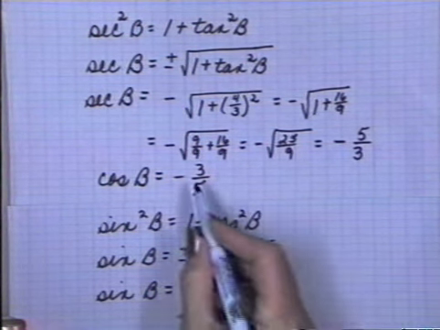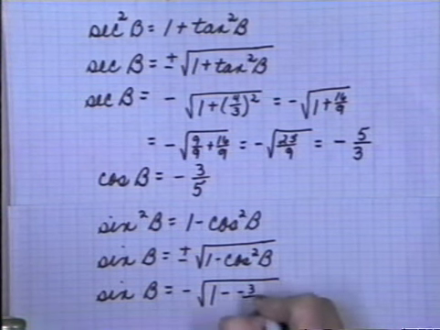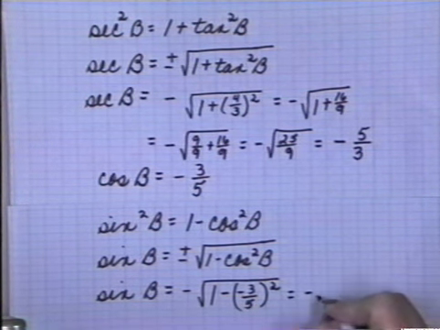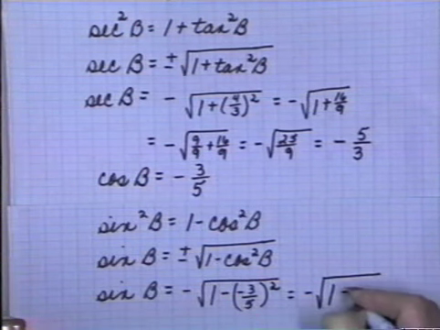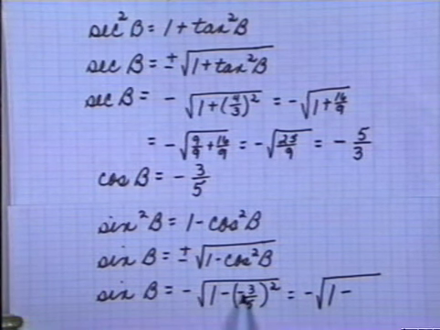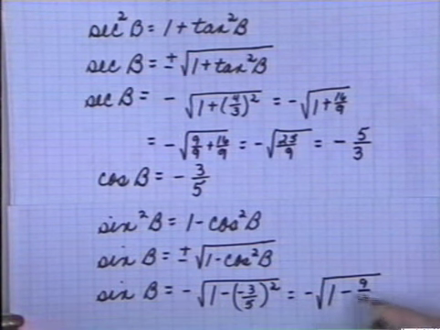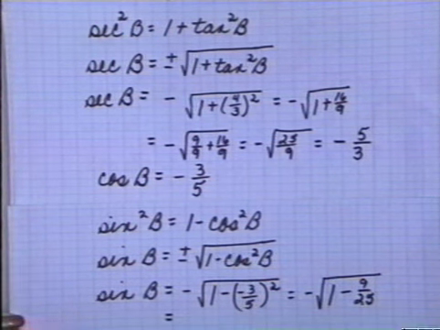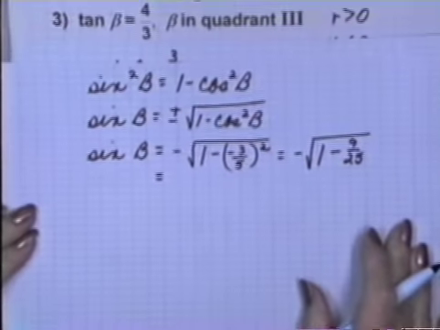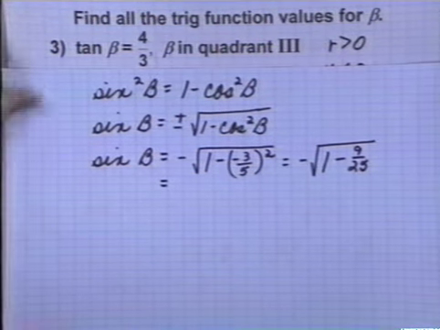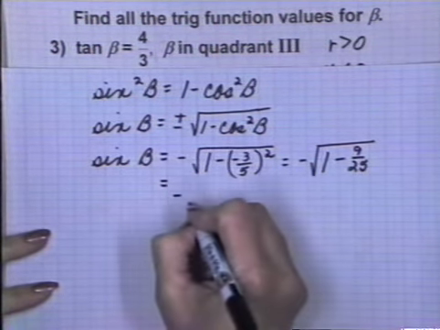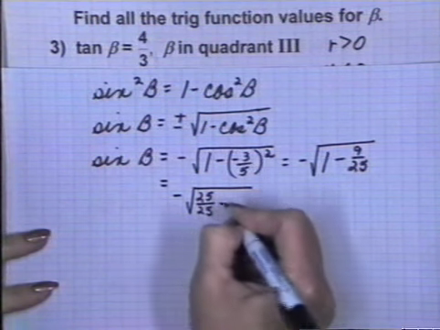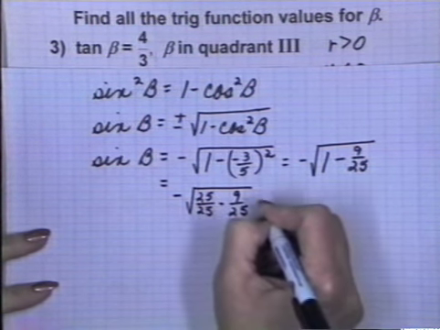I'll have 1 minus, in place of my cosine, negative 3/5, and I want to square it. So I'll have minus the square root of 1 minus, when I square the negative, I get a positive, 3 squared is 9, and 5 squared is 25. I will write my 1 as 25 over 25 and subtract 9 over 25.